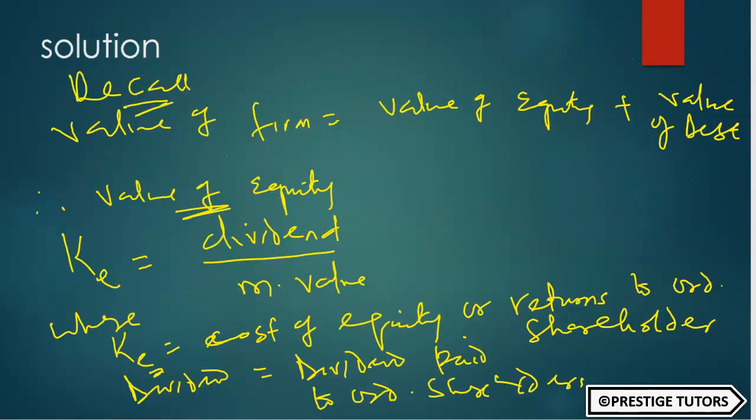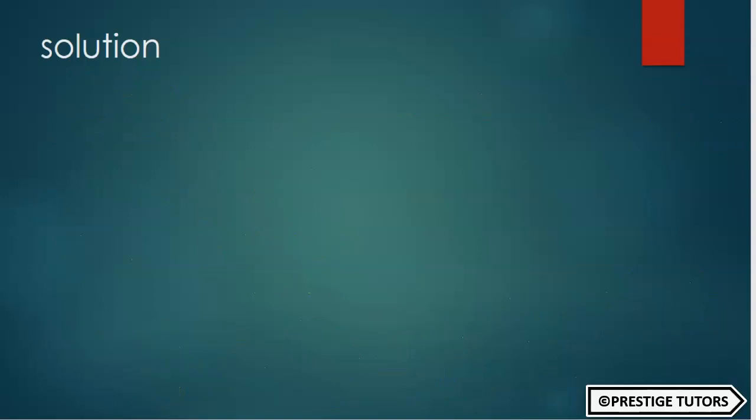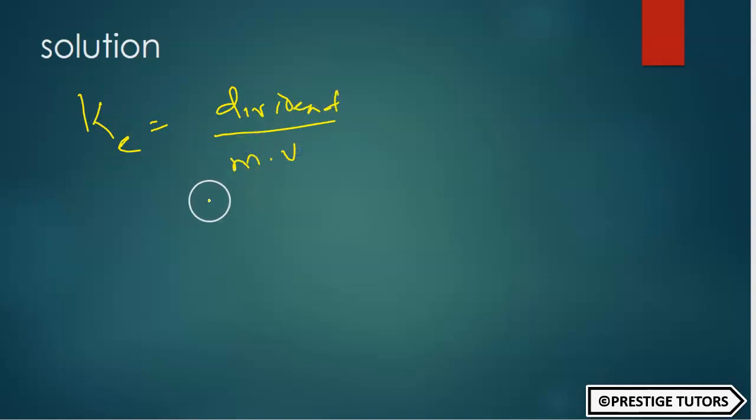Now, let's go back to this. From there, we know what our KE is, our cost of equity, which is 10%. Then our dividend is what we have left after paying interest to the debenture holders. So KE equals dividend over market value.